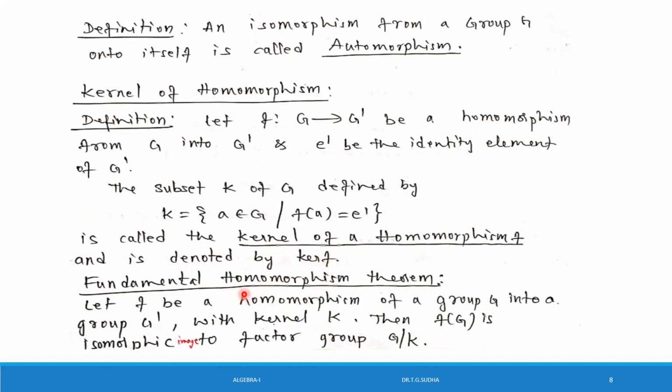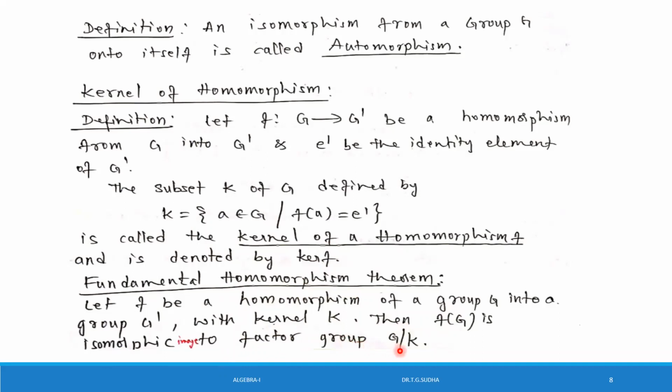Now let us move on to the fundamental homomorphism theorem. Let f be a homomorphism of a group G into a group G' with kernel K. Then f(G) is an isomorphic image of the factor group G/K.